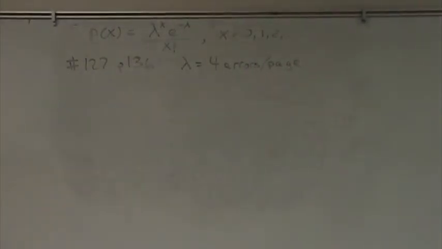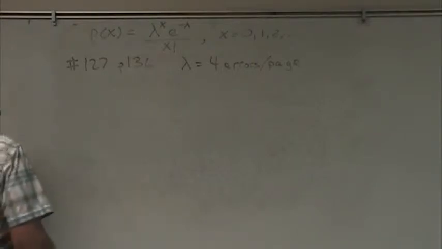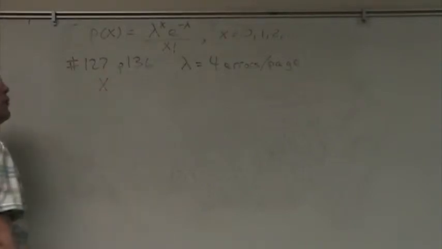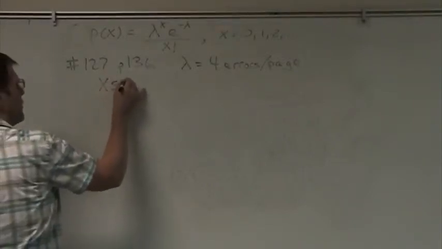It says if more than 4 errors appear on a given page, the typist must retype the whole page. What is the probability that a randomly selected page does not need to be retyped? So if it doesn't need to be retyped, that means the number of errors has to be less than or equal to 4.